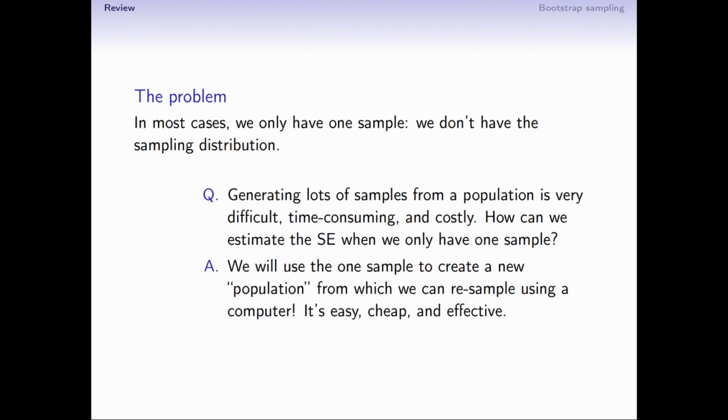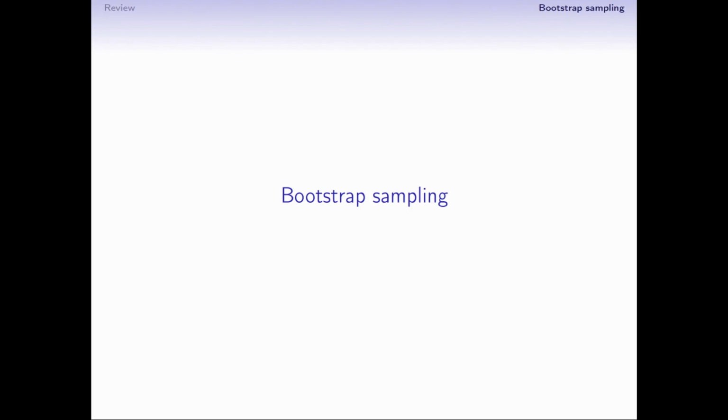Now here's the intriguing answer. We will use the one sample to create a new population from which we can resample using a computer. It's easy, it's cheap, and it's effective. And this technique goes by the name of bootstrap sampling.